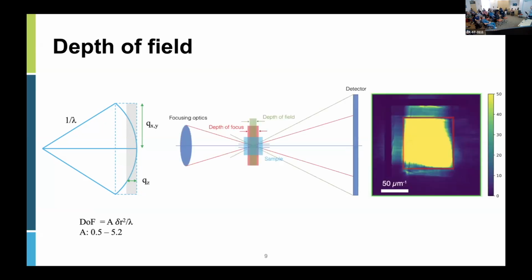Before we go further, I want to emphasize that for diffraction-based imaging techniques, there's a subtle difference between depth of field and depth of focus. Because in diffraction-based imaging techniques, we try to use the signals outside the central divergence cone to achieve higher spatial resolution. So those areas correspond to a larger numerical aperture, and that gives a natural depth of field smaller than the depth of focus of the native focusing optics.